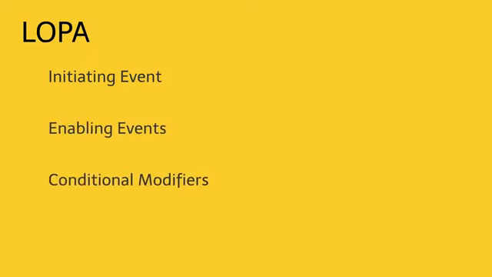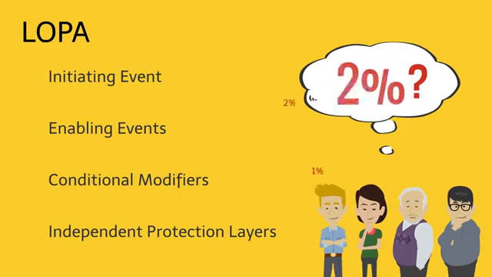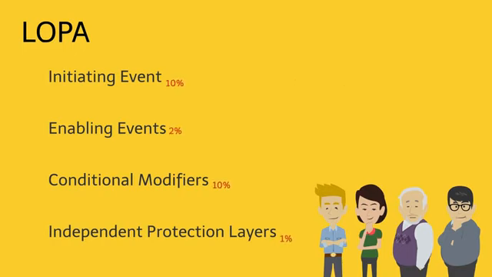In a LOPA, a scenario is formed by considering the likelihood of the initiating event, the probability of enabling events or conditional modifiers, and the expected chances of any independent protection layers failing to work on demand. This semi-quantitative breakdown allows the PHA team to see if the current design can meet the explicit tolerable event frequency.